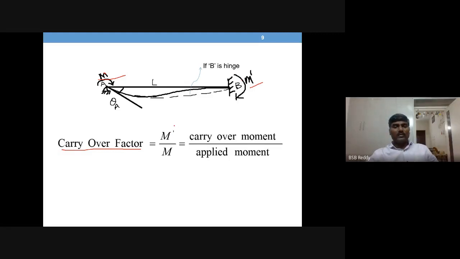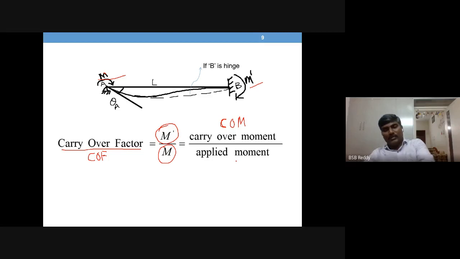So the carryover moment divided by applied moment, COM, what we call carryover moment. So carryover factor is equal to carryover moment by applied moment.